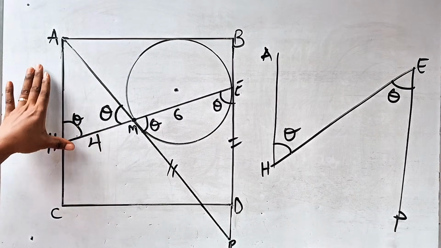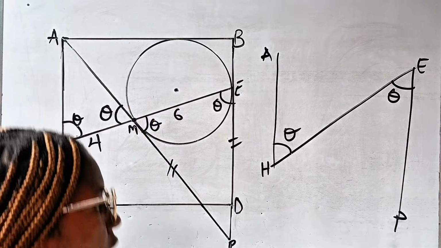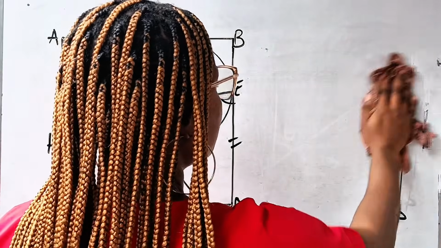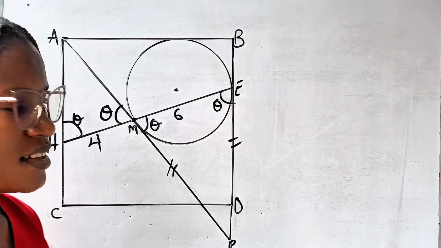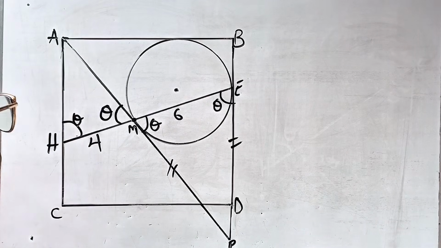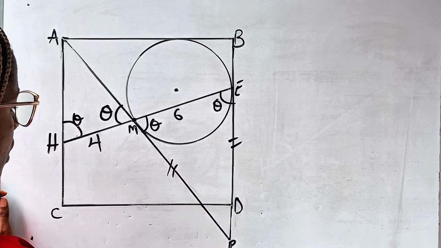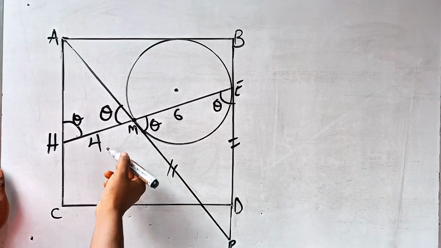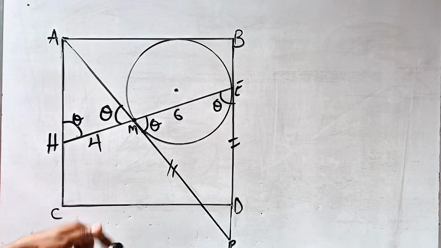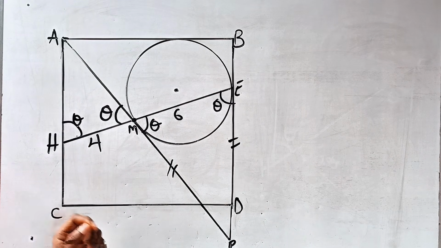Now, looking at this, let's go ahead and establish some facts and find the area of this square. If EP is equal to MP, and these two angles are equal to these two angles, what does that mean?